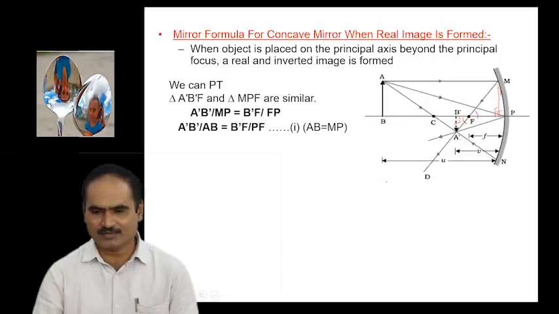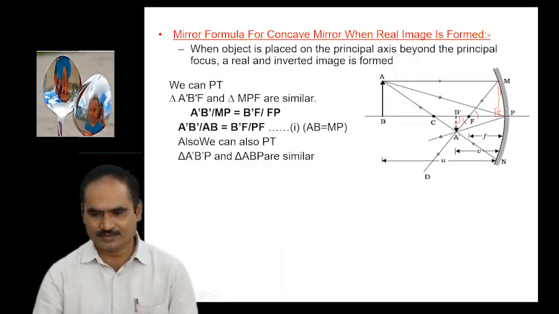Then after that, similarly we consider another triangle here, triangle A dash B dash P, which is similar to triangle ABP. How? Let us take here. These two angles are equal, this angle is 90 degrees and this angle is 90 degrees. If two angles of this triangle are equal to two angles of the other, obviously the third angle is equal, hence these two triangles are similar, by the AA property.